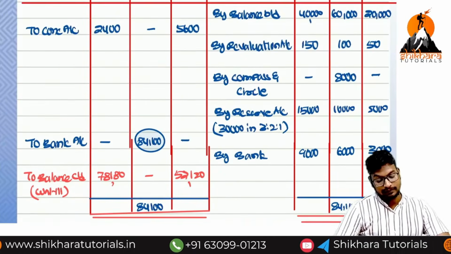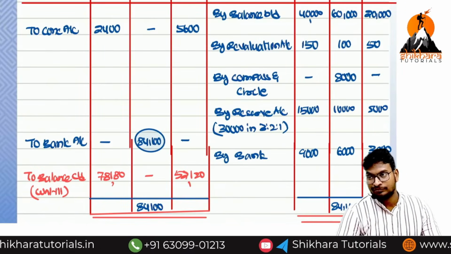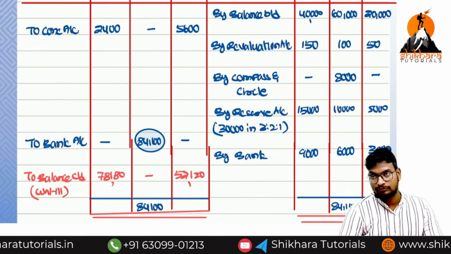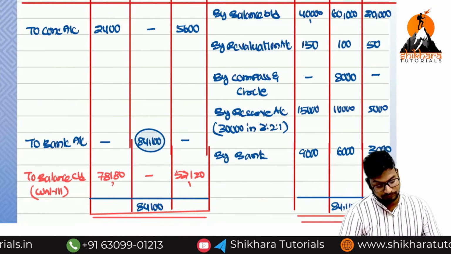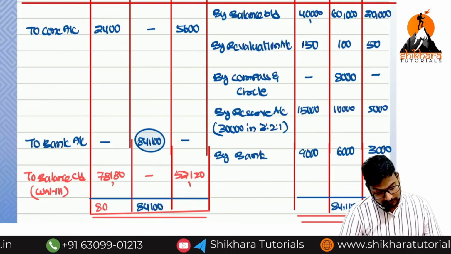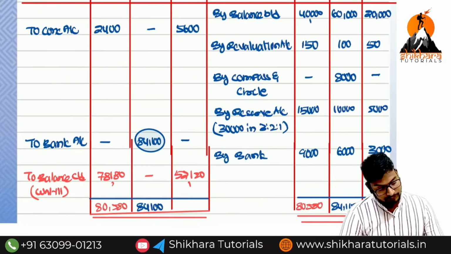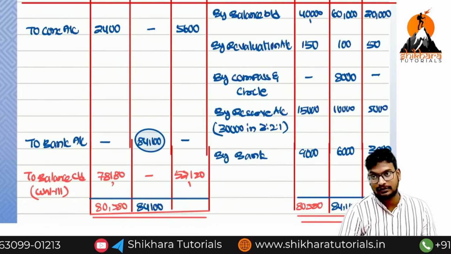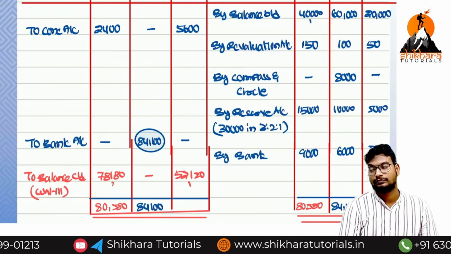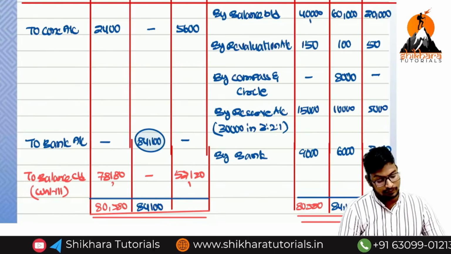Now do the balance of this. 78,180 plus 2,400, how much, amma? 80,580. Next, 52,120 plus 5,600. 57,000.